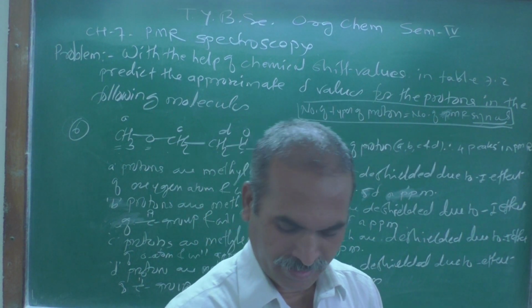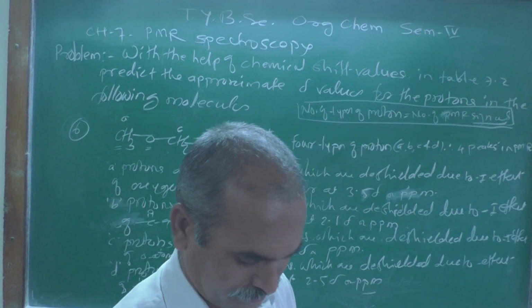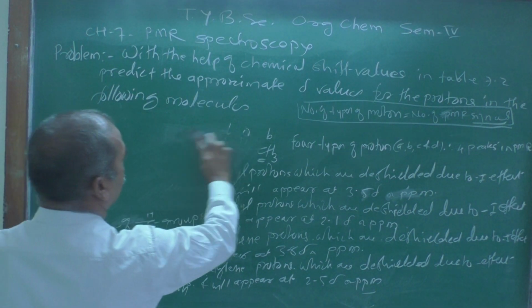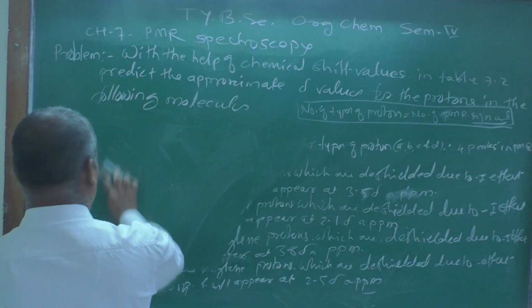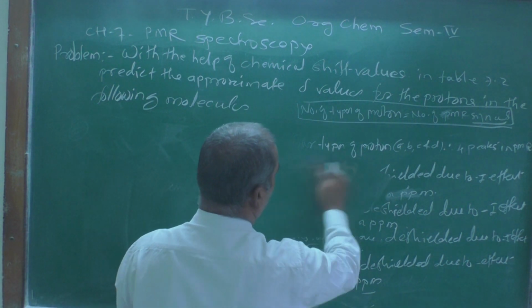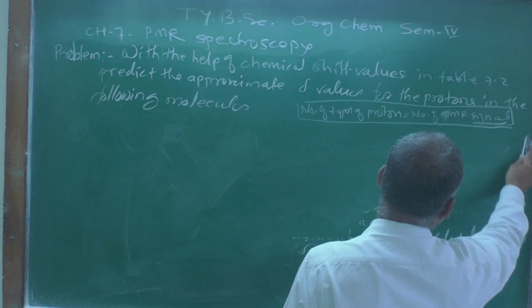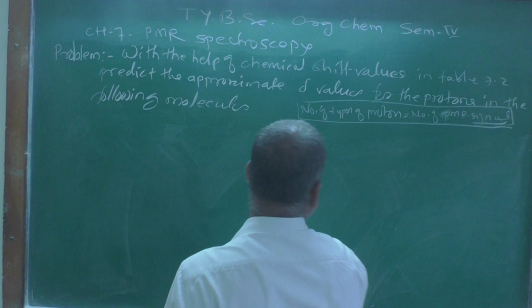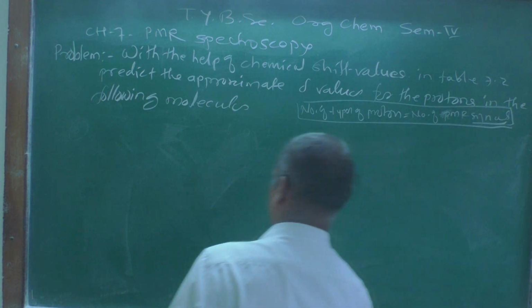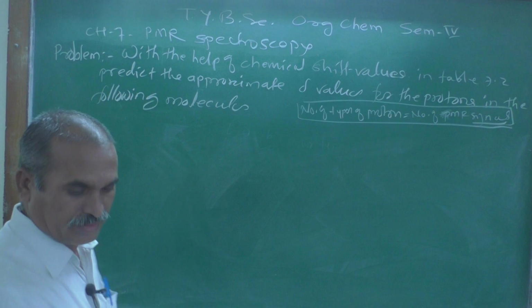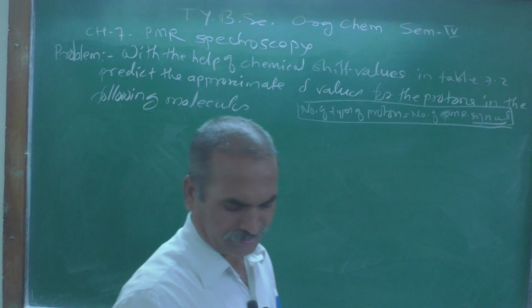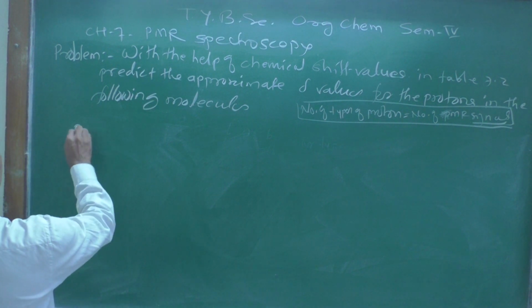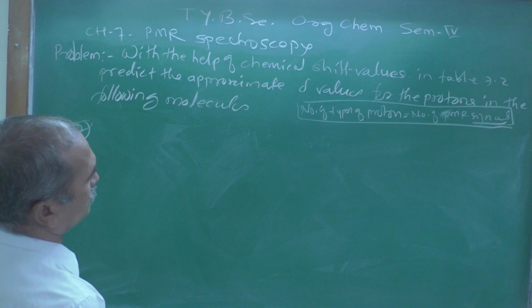So let me give one more example so that you are able to give the justification of those chemical shift values. And now let me give one more, maybe as a seventh example.